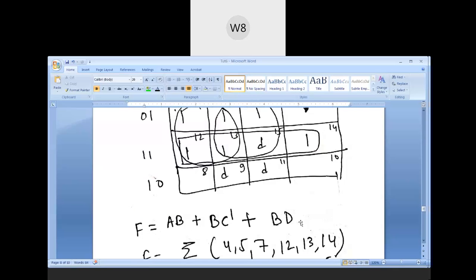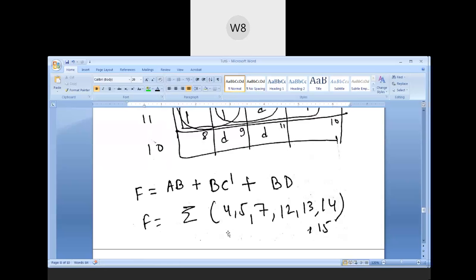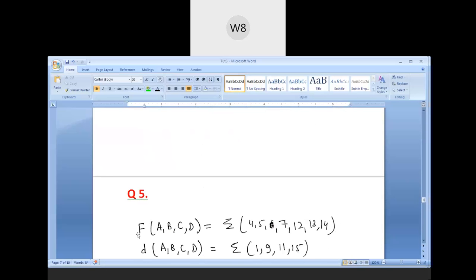This is the function in the simplified sum of product form, the first expression. But now if we are asked to write the same function in sum of min terms, then keep in mind that the expression is not going to be this one.